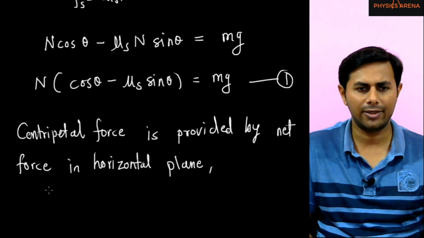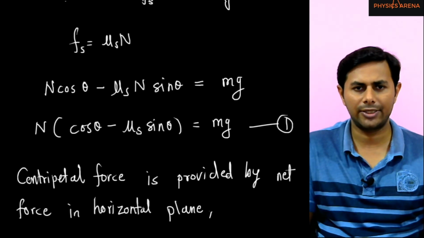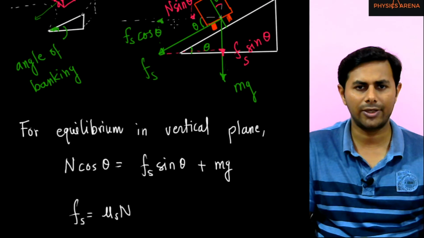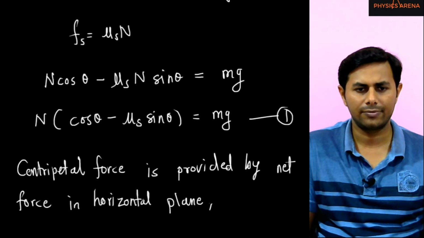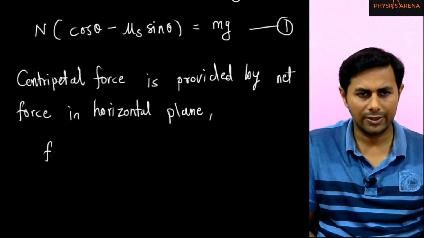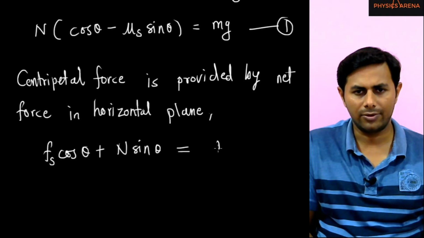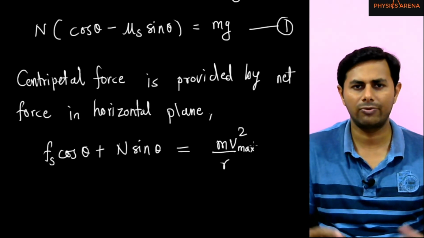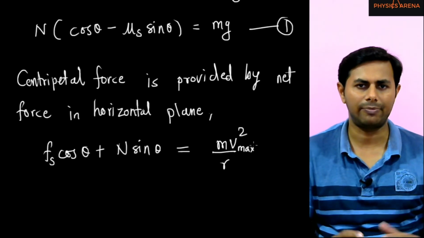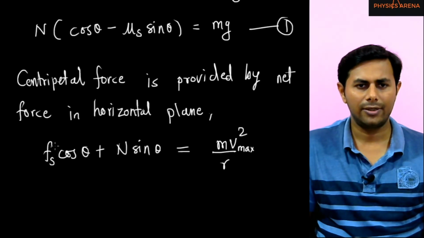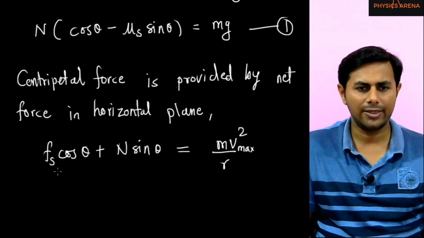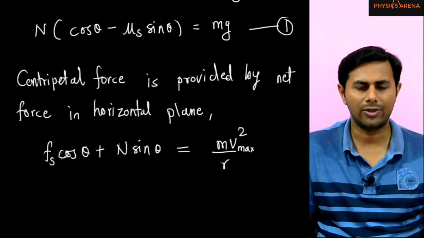That's why I can say the total force, which is Fs cos theta plus N sin theta, is equal to m v squared over r, but v will be v max, because we want to find the maximum safety speed. Similar to the first case, I can substitute mu s times N in place of Fs.